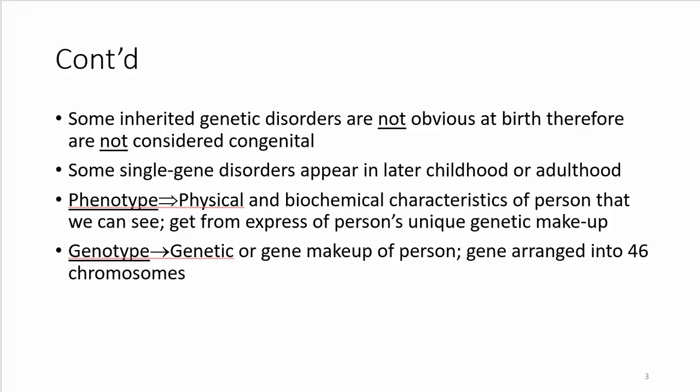So, like I said, some inherited disorders aren't obvious at birth. They don't come up till later. Things like Huntington's chorea don't come on till the fourth decade of life. But you have it right from birth. It just doesn't express.